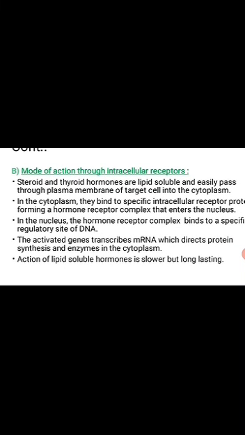So listen carefully, the hormones like steroid and thyroid, both these hormones are lipid soluble. Because they are lipid soluble, they directly enter inside the plasma membrane.